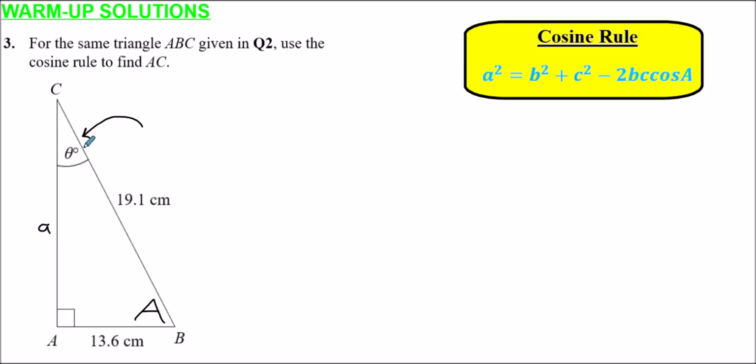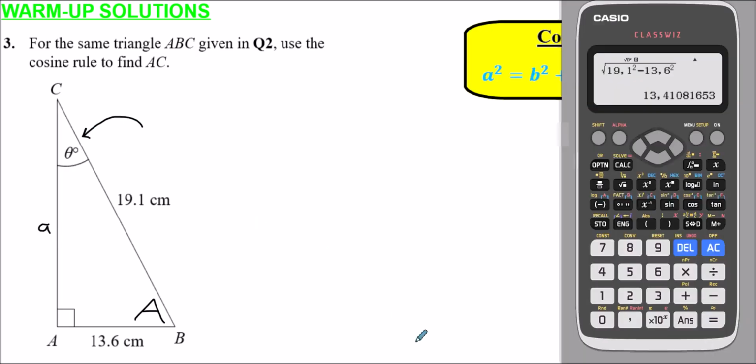Because this isn't the final answer, it's always worth giving intermediate steps to more significant figures. And so theta here, just to write down the full working, we got theta by applying the sine rule. Theta was sine minus 1 of 13.6 sine 90. Sine 90 happens to be 1 anyway, but I'm just going to put it in as sine 90 anyway, over 19.1.